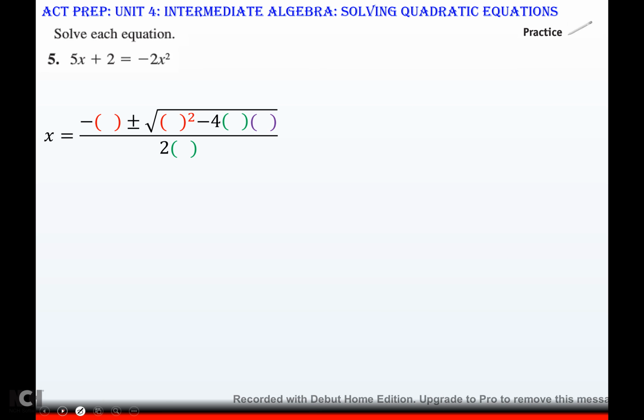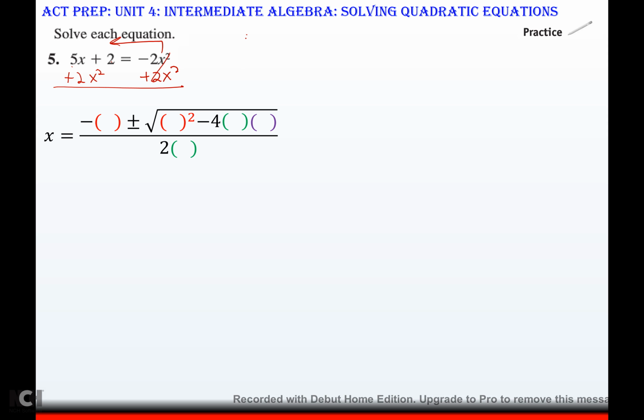All right, number 5, again, this is not in standard form. You could move the 5x and the 2 over here, but I'm going to move that over because it's less to move. So I'm going to add 2x squared, which gives me 0 over there.